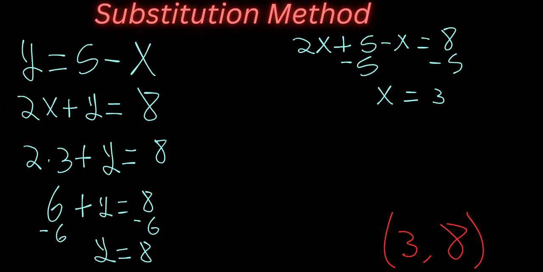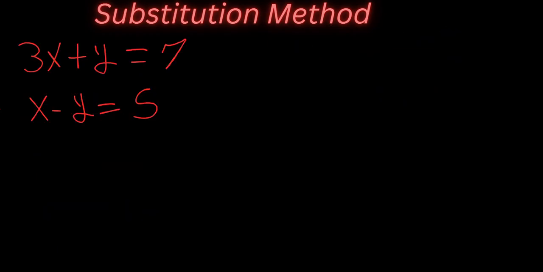All right, let me put one more up here. Here we are given one equation, and we're not given a defined y or x value, so you need to solve that. Let's see, how will we approach this one? We want to isolate a y on one side, so let's take the 3x plus y equals 7.